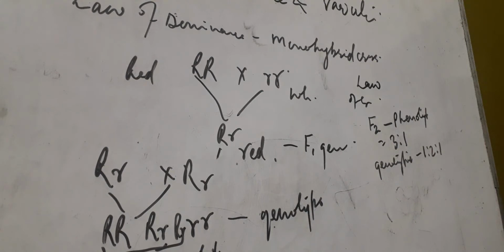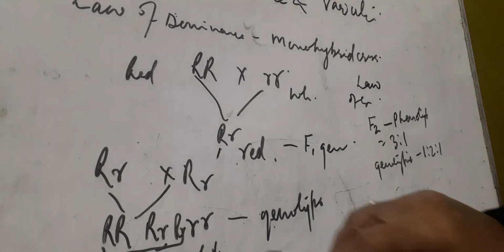Law of segregation. The definition of law of segregation is: when a pair of allelomorphs are brought together in the hybrid, they remain together in the hybrid without blending. So it also proves the purity of genes.